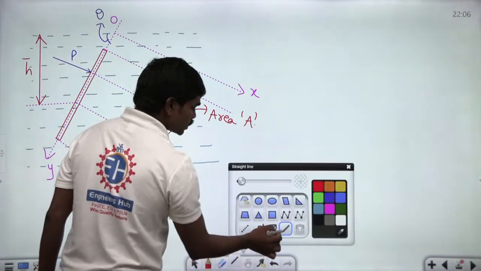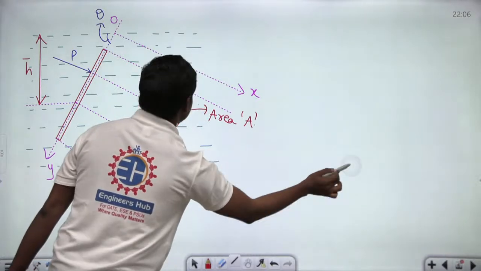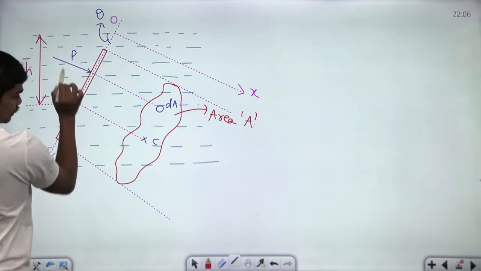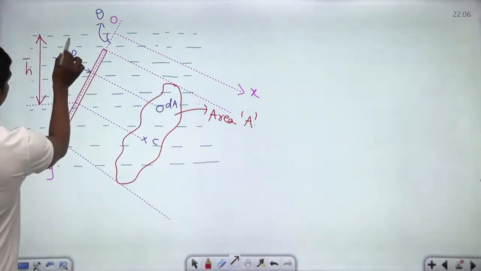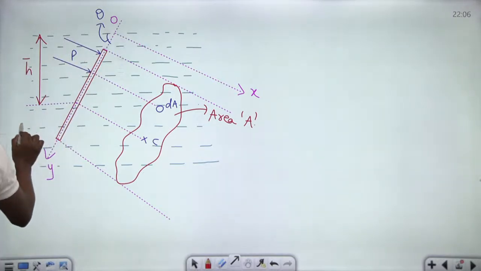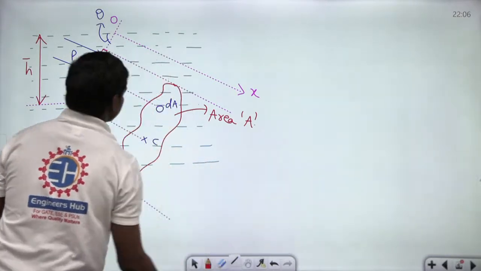So, if this is H bar, look carefully, then if you want to replace the complete force, normally you know we have the pressure distribution something like this, correct. So, basically we know, let us suppose the pressure distribution is something like this, for example. Okay. So, let us suppose the pressure distribution is something like this.